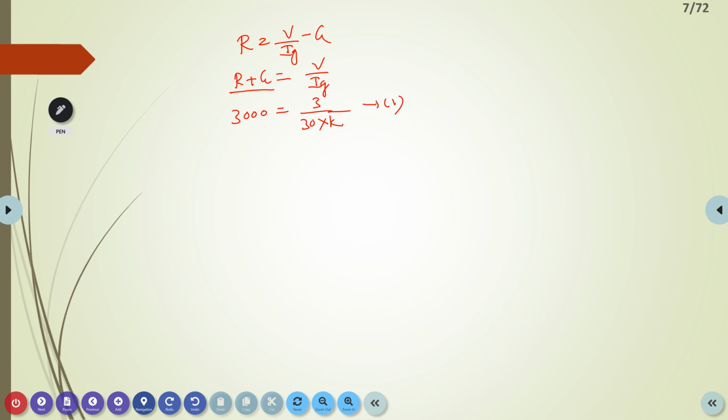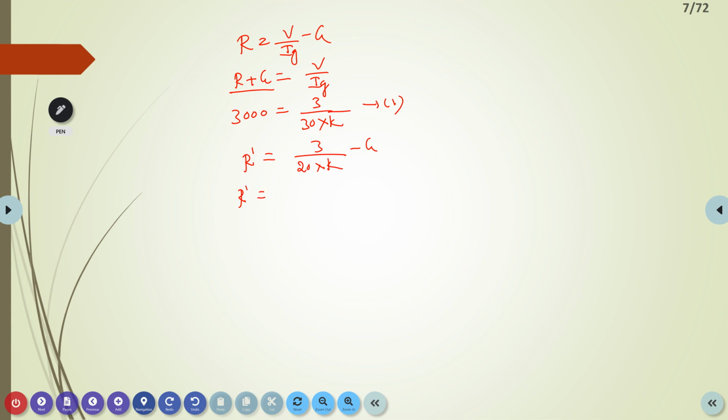Next, now you need deflection of 20. So R dash equal to 3 divided by 20 into K, minus G. Here I am doing some alteration.